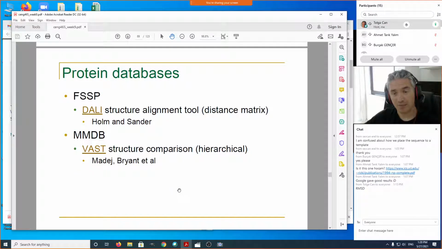And during my PhD studies, I even developed a tool for structural alignment, which was called CTSS, an acronym for curvature, torsion, and secondary structure. It was a structural alignment method which uses these three pieces of information, treats the protein structures as a three-dimensional curve in space, and computes local curvature and torsion values at these amino acids.